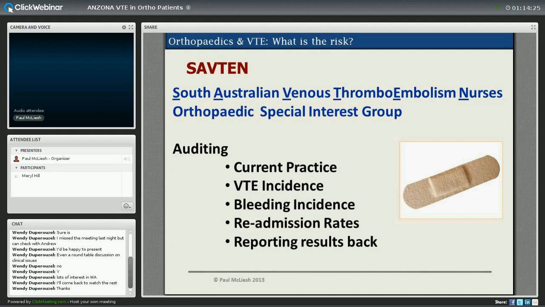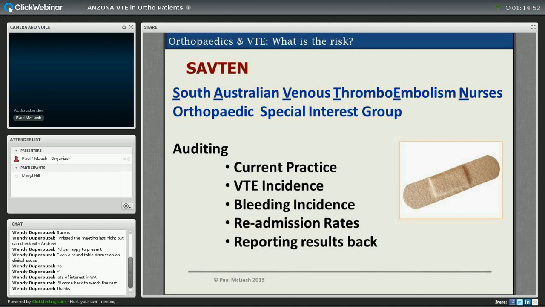So what we did was we did a retrospective case note review of a random sample of patients. I think we ended up doing 120, I think, from memory. And we looked back at any readmissions, any VTE and bleeding incidents for 3 months post-discharge. We looked at the different protocols, and then we reported those results back to each of the hospitals as well.